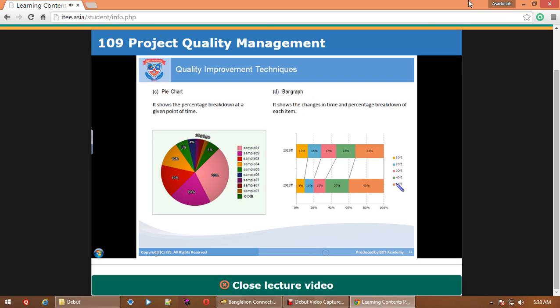So these are the items, and we show these items percentage-wise for year 2012, year 2013, and so on. And we are showing that this item changes positively this way, however this category item decreased over time, and so on.